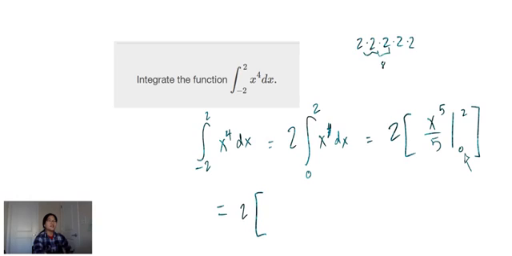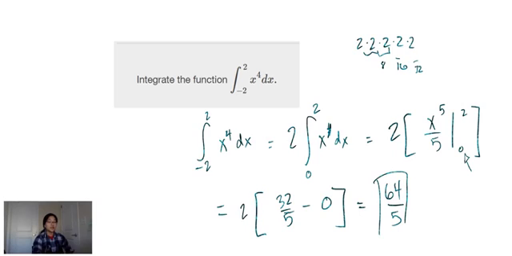This is 8, this is 16, 32, oh my gosh, okay, so we have 32 over 5, minus 0, oh wonderful, okay, so then we have 2 times 32 over 5, 2 times 32 is 64 over 5, and boom, there you go.